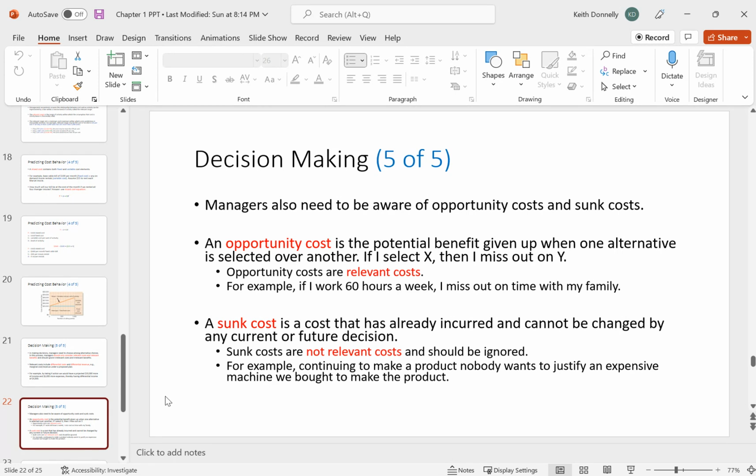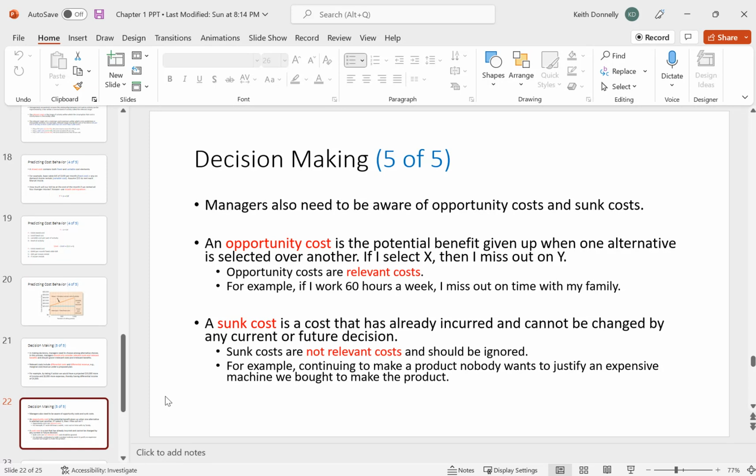But your opportunity cost in that case would be missing out on time where you could make $30. So in that case, it might be better to just pay someone and then go make money because you'll net like $10 more an hour. So opportunity costs are relevant costs. When we're making decisions, should we do X, we need to consider what else we would miss out on.